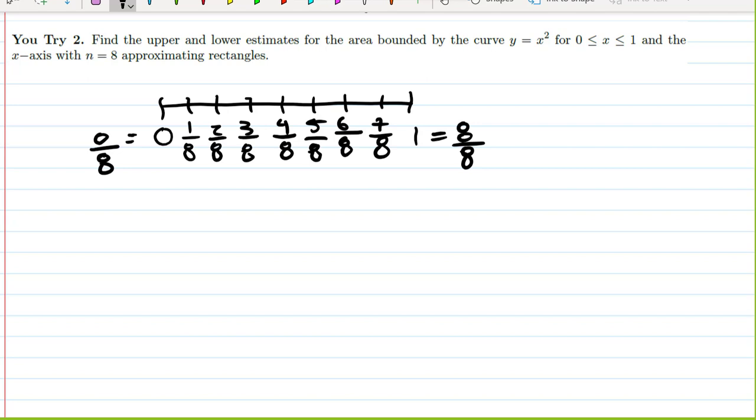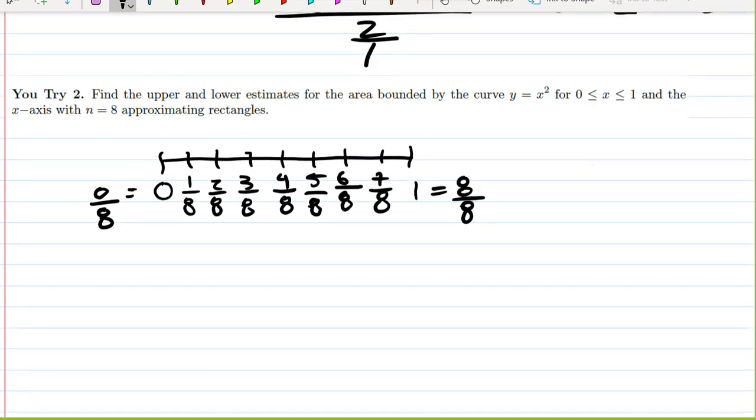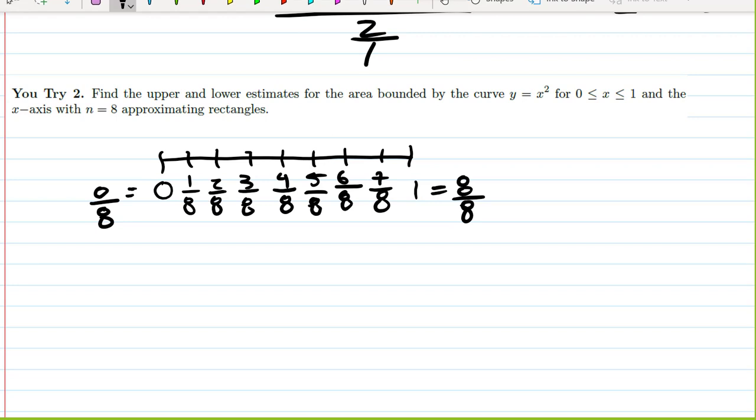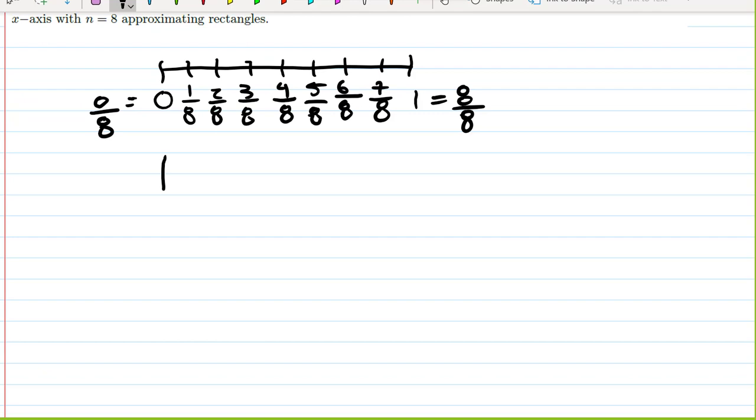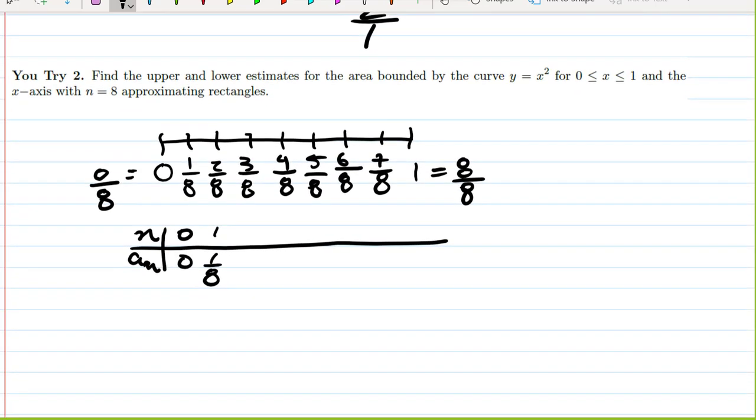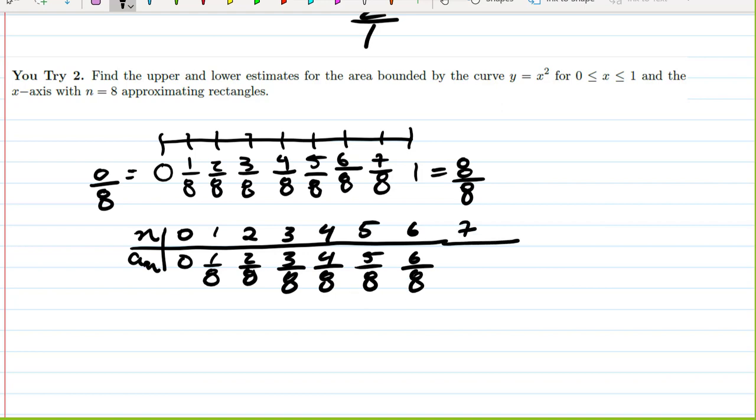If I make a table of values and think of this as a sequence n and a sub n, we would have 0 pairs with 0, 1 pairs with 1/8, 2 pairs with 2/8, 3 pairs with 3/8, 4 pairs with 4/8, 5 pairs with 5/8, and so forth, 6 with 6/8, 7 with 7/8, and 8 pairs with 8/8.